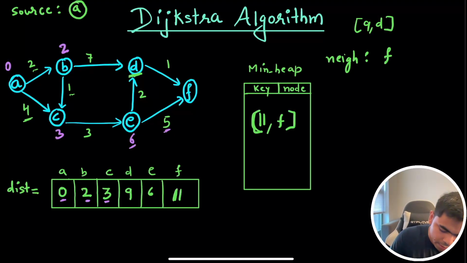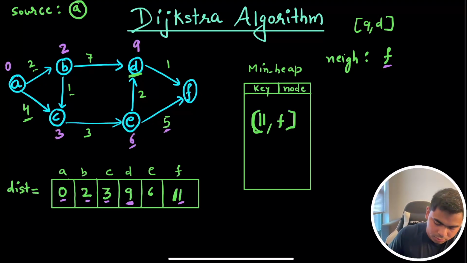What was the distance that we calculated for D? 2 plus 7 was 9. That is already right here, and E is 6. Now I'm visiting D, and the neighbor of D is F. What is the distance that is already present? That is 11. How about the distance through D?